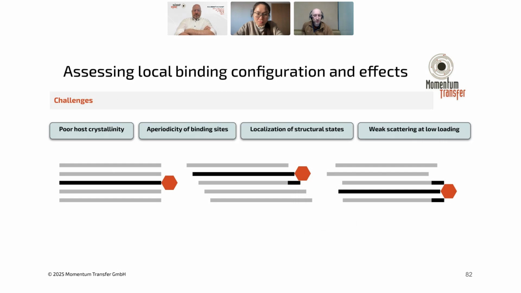So poor host crystallinity and aperiodicity of the binding sites are important, because if the binding sites were periodic, you could just do straightforward crystallography on this, but you don't have the conditions for that. And again, you get weak scattering from low loading.